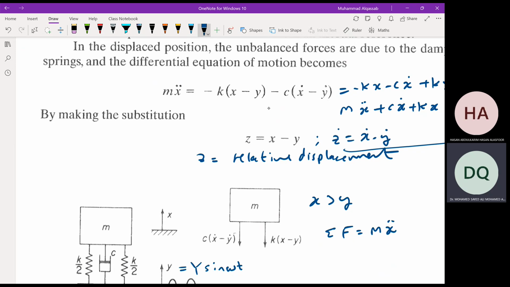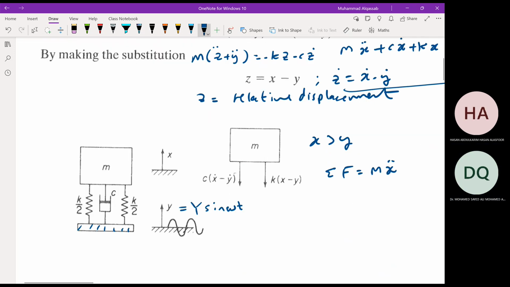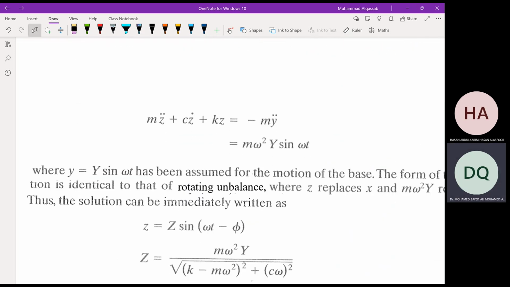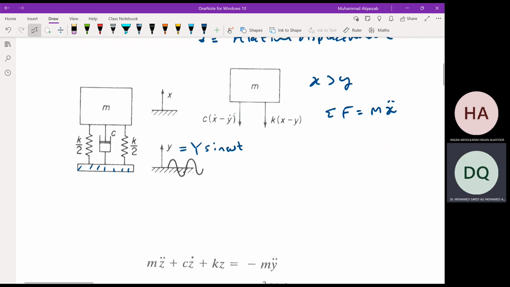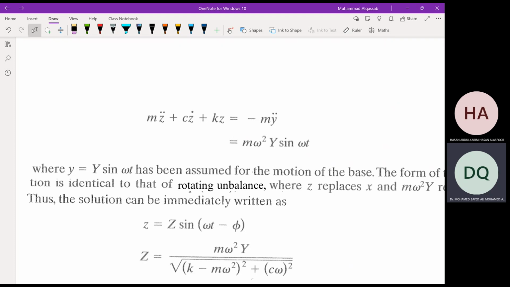The equation becomes m x double dot, and instead of x double dot you put z double dot plus y double dot, equal to minus k times z minus c times z dot. Then the differential equation will be in terms of z rather than x. So it is m z double dot plus c z dot plus kz, and we move m y double dot to the other side, so it becomes minus m y double dot.